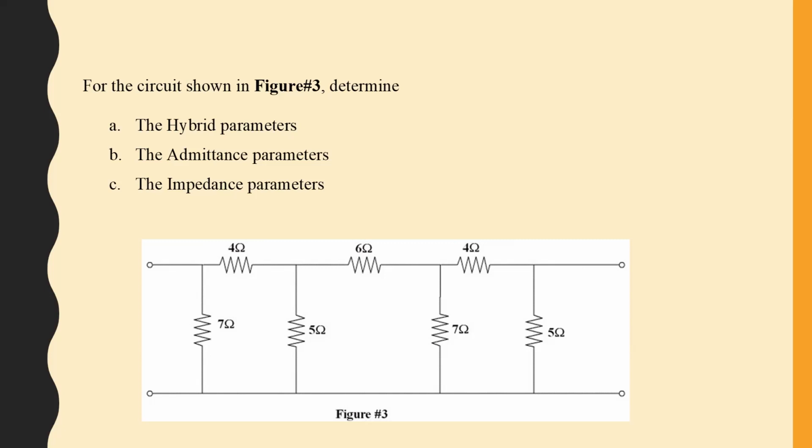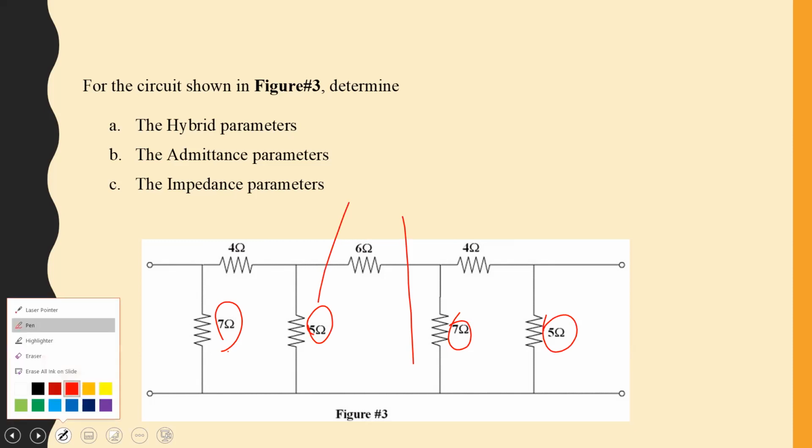They're not symmetrical because the 7 ohms and the 5 ohms are different. Yeah. So if you have the same values here and the same values here, then you would say you have 2 symmetrical pi networks.